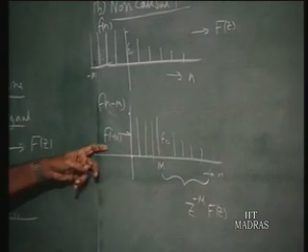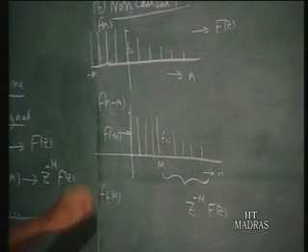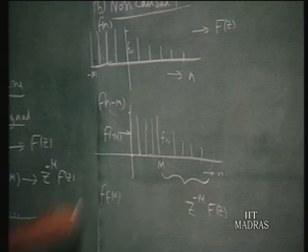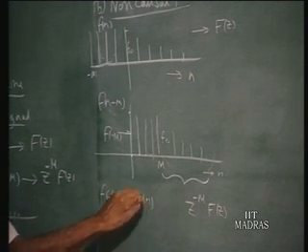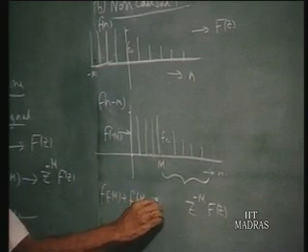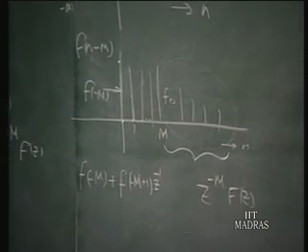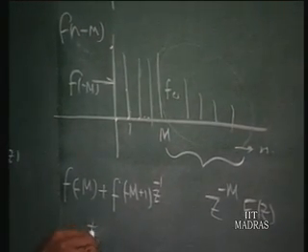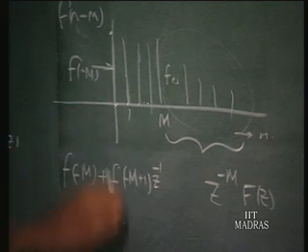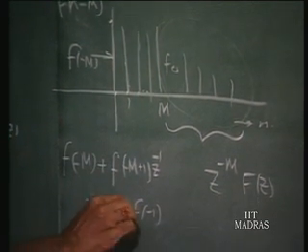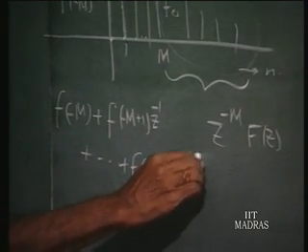So when you are taking the Z transform of that, you have f of minus m multiplied by z power minus 0, which is of course 1, and this sample is f of minus m plus 1, and that will have a weightage z power minus 1 because it is occupying now the position 1 in the series. Like that it goes on, and the last sample that is newly introduced is f of minus 1, and that of course has a power of z power minus m plus 1.